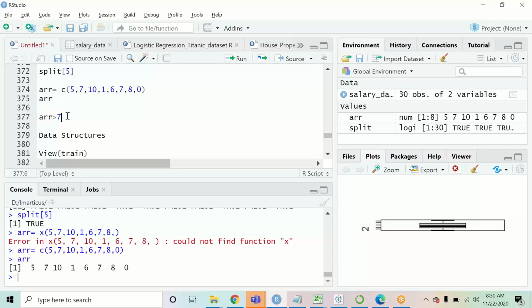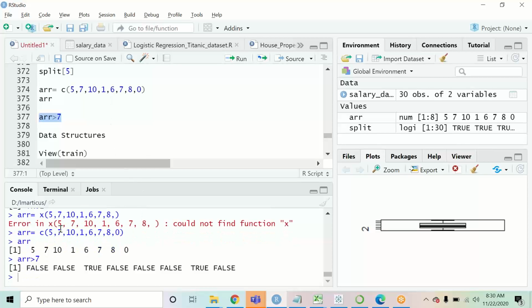Right, so you will get a logical output in this case. If you write array more than 7, it gives you the values which are passing your condition as true, and the values that are not passing your condition come as false, right?